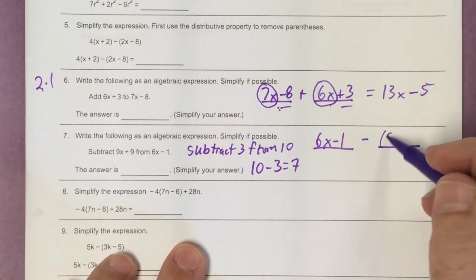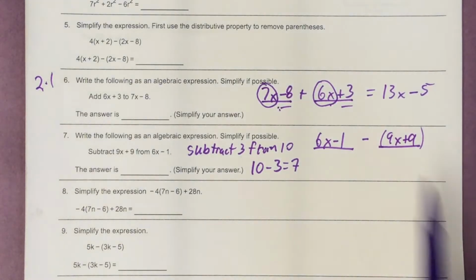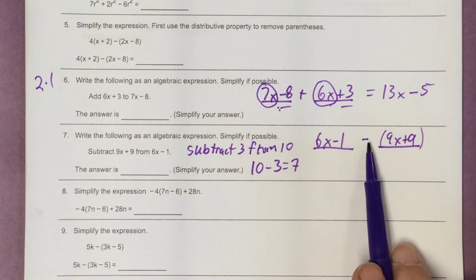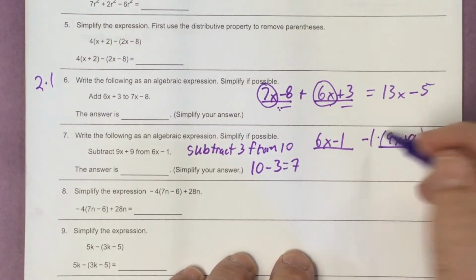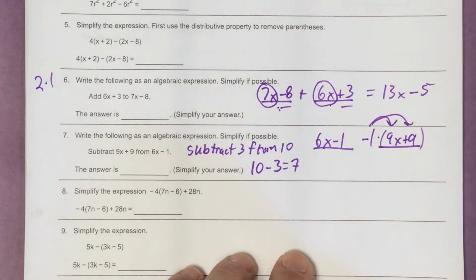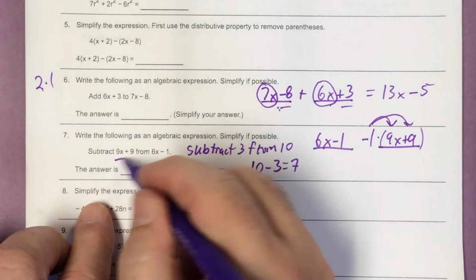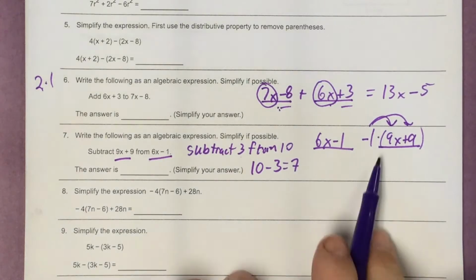So I'm going to write here 9x plus 9. Because I'm subtracting that quantity, it's kind of like having a minus sign and a parenthesis outside, which means I'm going to need to kind of distribute the negative through here. Okay? So there's a few things going on with us. So first, we have to be cognizant about turning those around to make sure those are in the opposite order. And then we have to distribute the negative through.